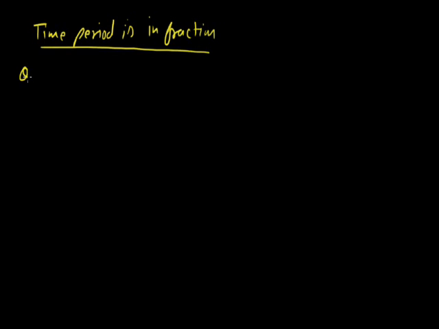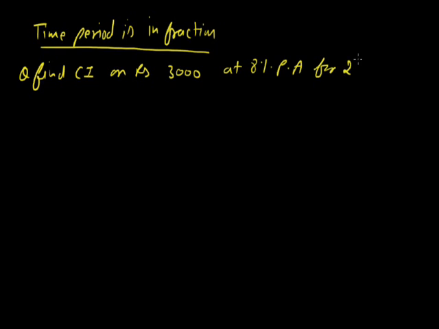Now let's see what happens when the time period is in fraction. How can we find the interest in that situation? Let's do one problem based on this. When the time period is in fraction, find the compound interest on rupees 3000 at 8% per annum for 3/4 years.